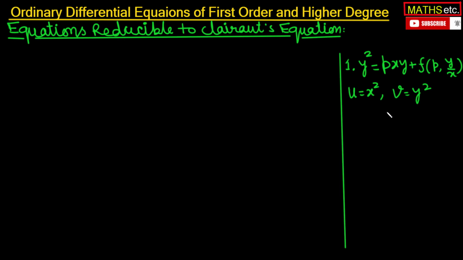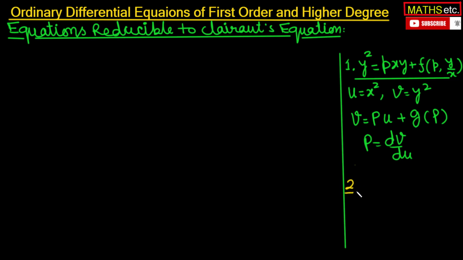Using these transformations, this equation will convert into this form: v equals p u plus some function of capital P, where u is the independent variable, v is the dependent variable, and P stands for dv over du. And this is clearly Clairaut's form, and we can write its solution by simply replacing P by an arbitrary constant C, right?